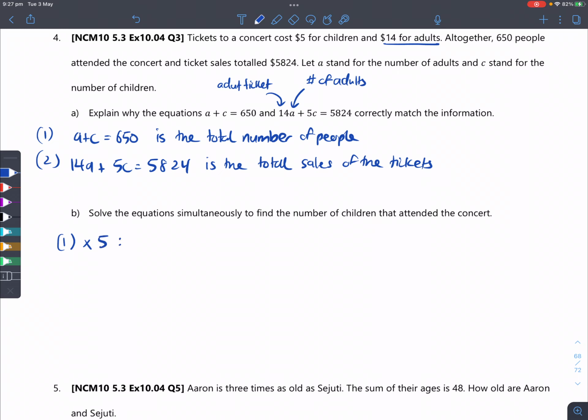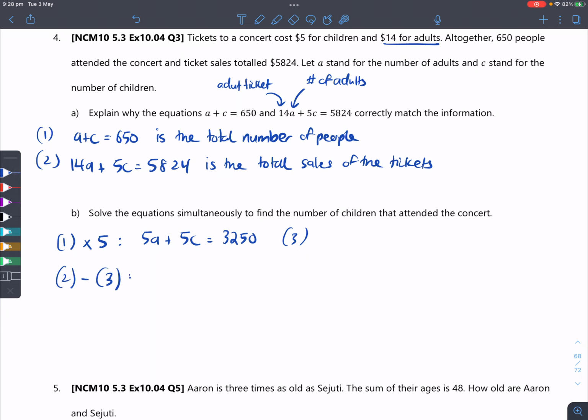And so what that will give you is 5A plus 5C, and 650 times 5 will be 3,250. And what I've generated is now two equations, both with 5C here. Okay, so I can minus them because they're the same sign. All right, I'll call this equation 3. I'll get equation 2 minus equation 3.